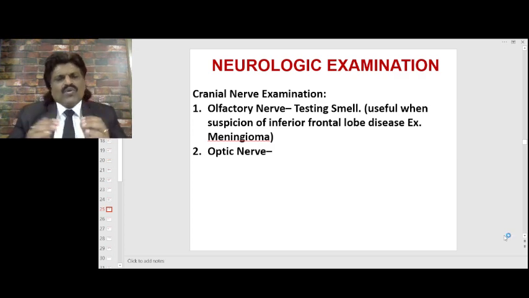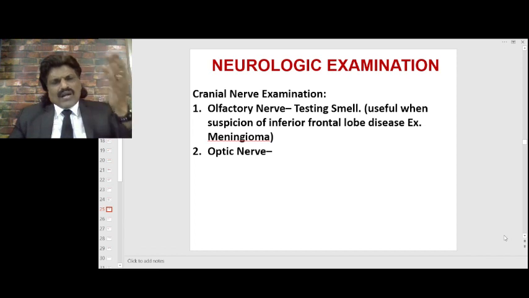This is known as the rule of 4. There are 4 nerves in the midbrain and above, 4 nerves in the pons, and 4 nerves in the medulla oblongata. So 1, 2 are above the midbrain, and 3 and 4 are in the midbrain. 5, 6, 7, 8 are in the pons, and 9, 10, 11, 12 are in the medulla oblongata. So this is known as the rule of 4.